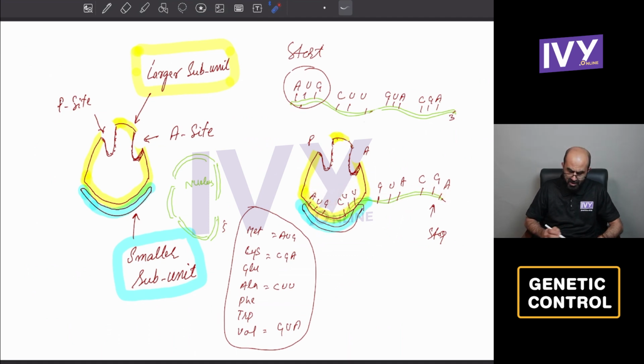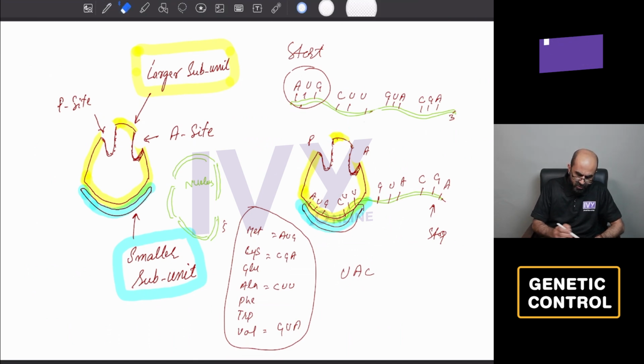The first codon is AUG. The complementary nucleotides for AUG, I'm talking about this one, for these three, the complementary code is UAC. And let's suppose that the UAC code is used for methionine.